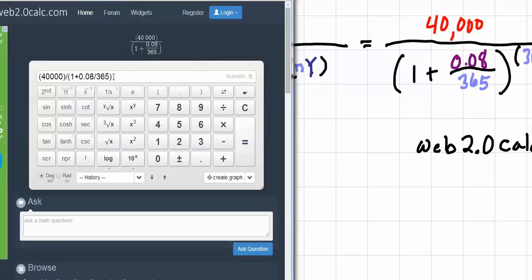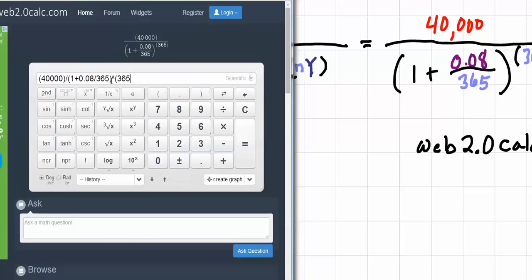And if I do this properly, when I go ahead and use my exponent key, which in this case is the X to the Y key, you'll notice that it gives me the little hat key, which is Shift 6 on your keyboard. I'm going to open parentheses again, type in 365 times 5, and then close parentheses.